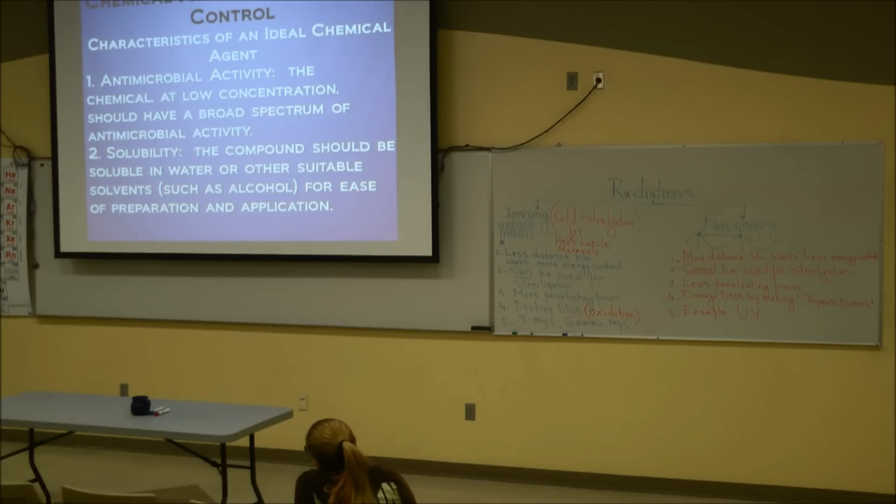Why do they sell them in concentrated form? For the ease of storage, so they don't have to carry literally tons and tons of gallons. Ease of storage, ease of transportation. So material that you buy must be soluble in water and other solvents for the ease of application.